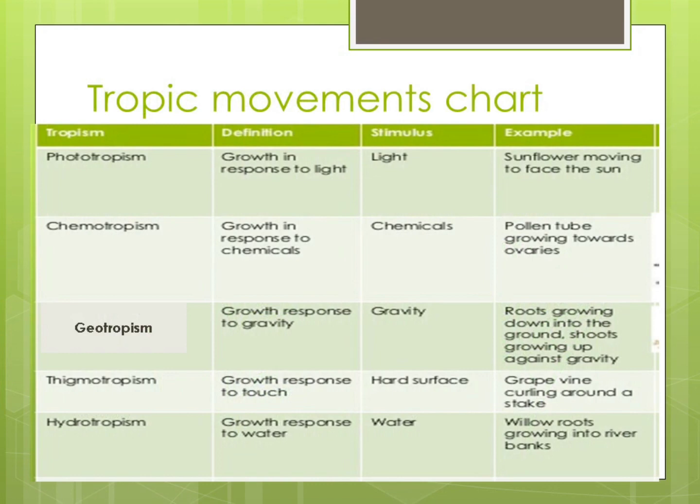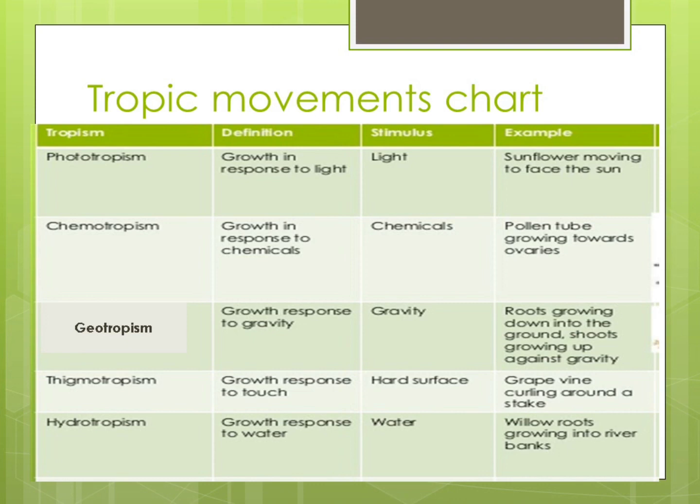So let's revise the different tropic movements, their stimulus and the example. The examples are very important, so kindly pay attention. Phototropism, stimulus is light. Example, sunflower moving to face the sun. Chemotropism, stimulus is chemical.